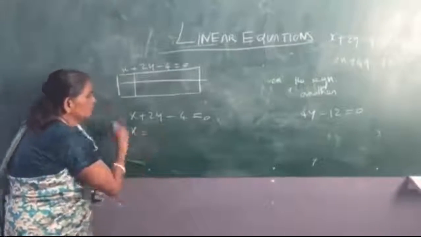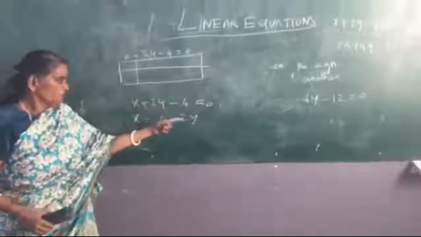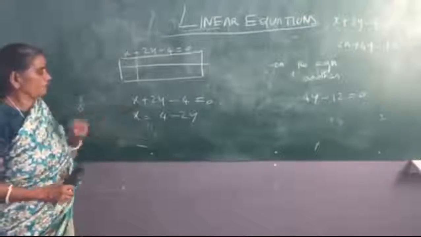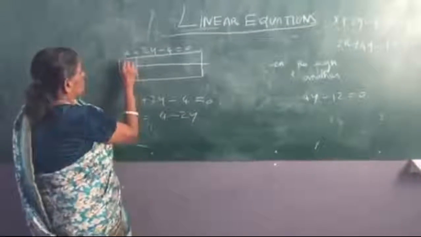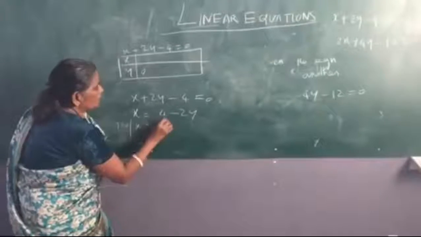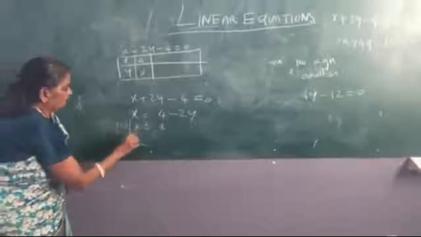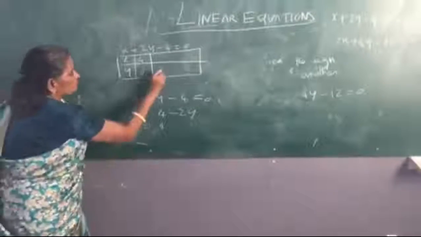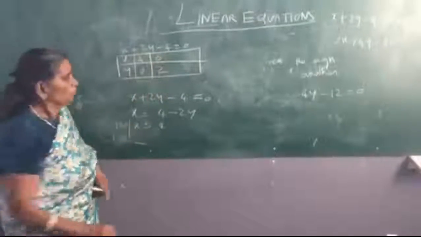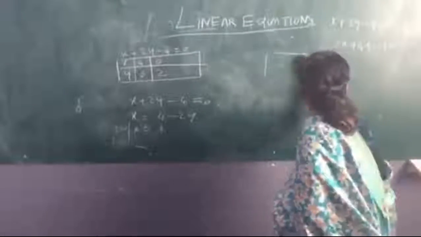So, you keep x on this side and take the other things to the other side, so that you can simply give a value for y, which will in turn give the value for x. So, suppose y is 0. If y is 0, x will be 4 minus 0, that will be 4. Now, if y is 2, 4 minus 2 twos are 4, this is 0. So, let us get the table for the other equation also.